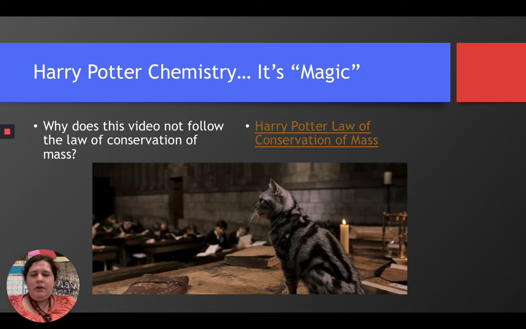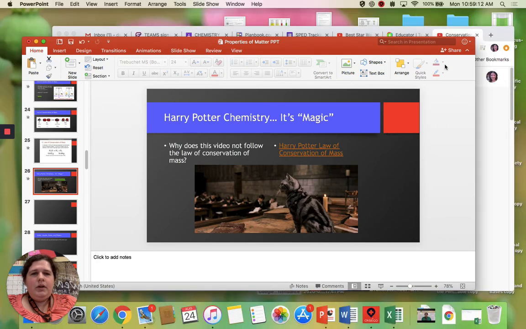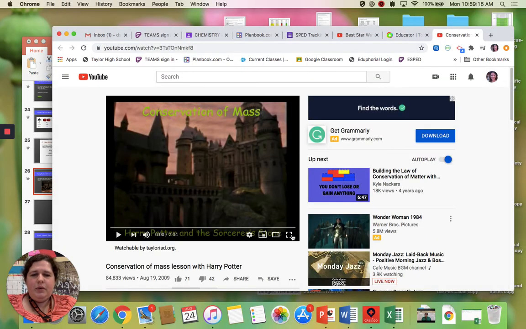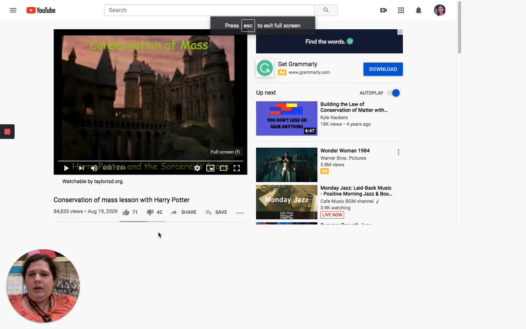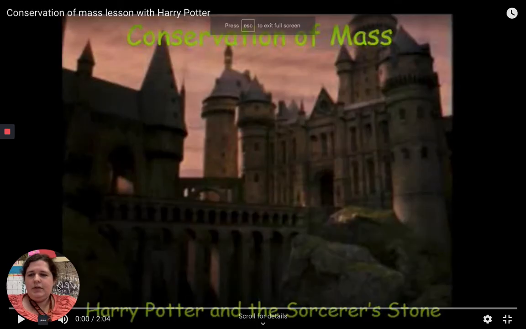If you're not familiar with the series, she is an animagus, which means that she can convert herself between human and animal form. So she can go back and forth between a human form and a cat form. We're going to look at a clip showing her going back and forth. So this is conservation of mass, Harry Potter style.